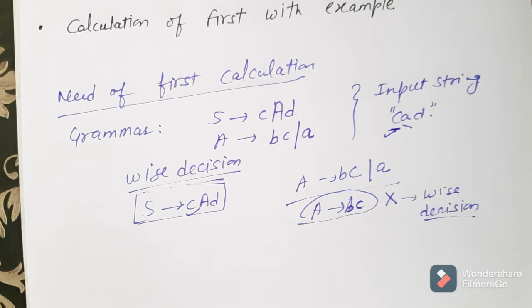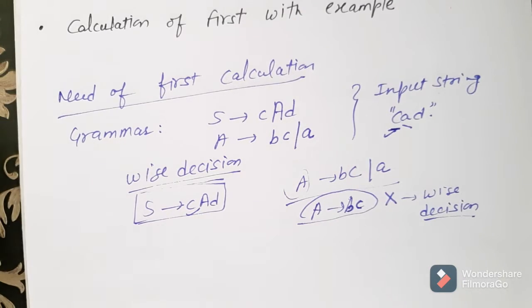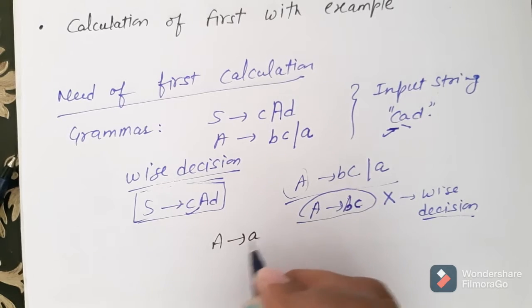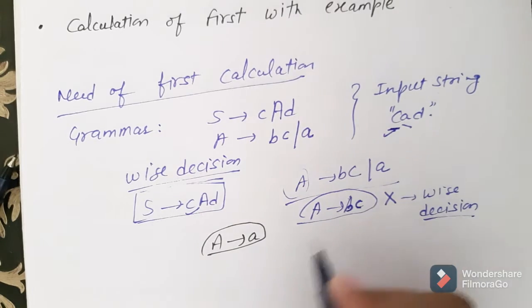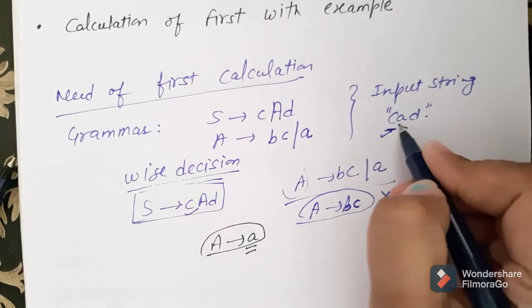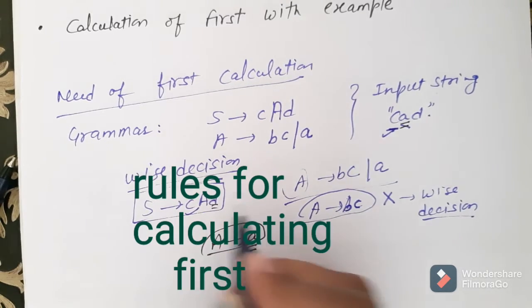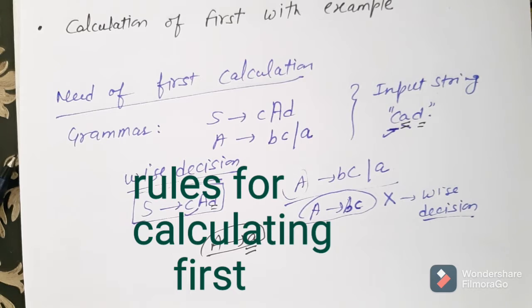So here the parser will go to the other option, the other production which is A tends to A. So now A will match with this A and D will match with this D. So the entire string will be parsed and successful parsing will be executed here.